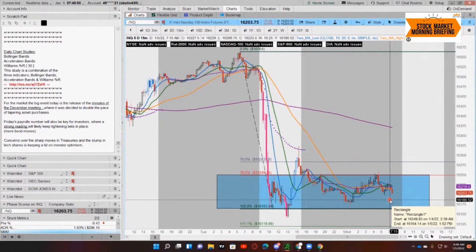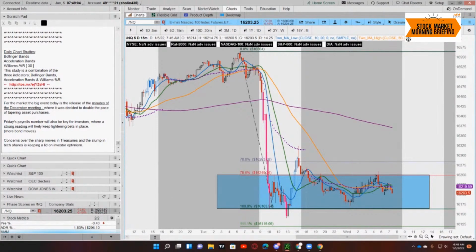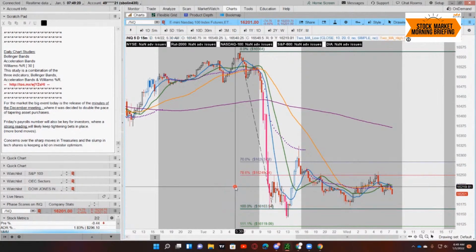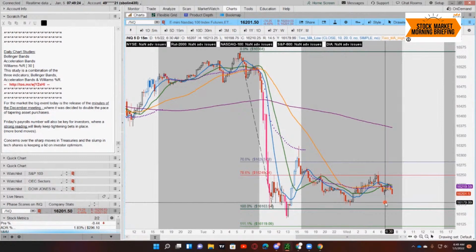It is just expected to fail because the base is getting wider and wider and bigger, right? It makes sense. I like trading that. So it makes sense, right? The failed flag has not yet failed, but we have the presentation of a failed flag setup. We're ready to go, right? There it is.